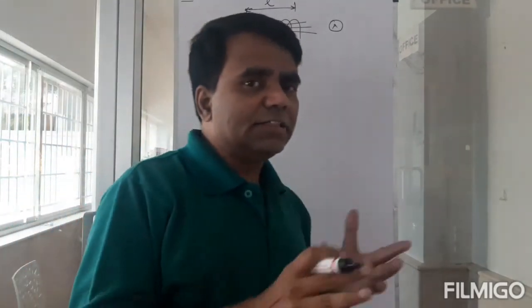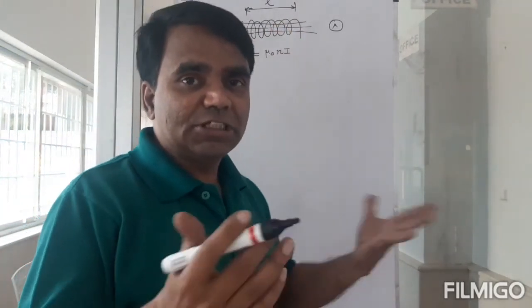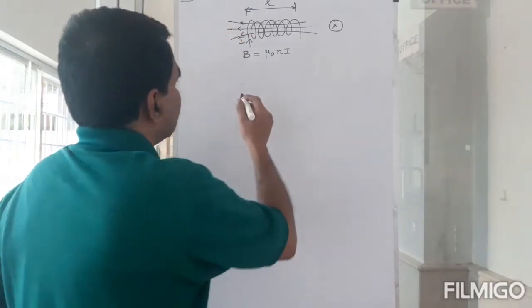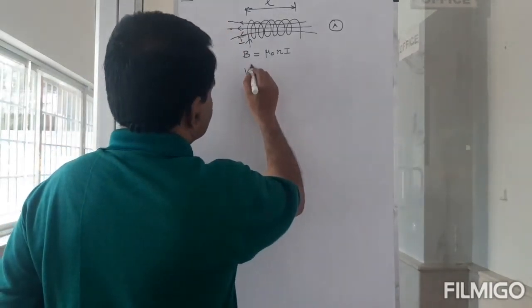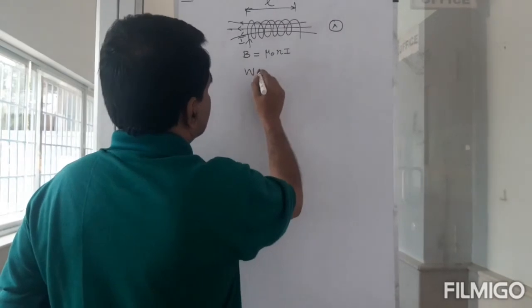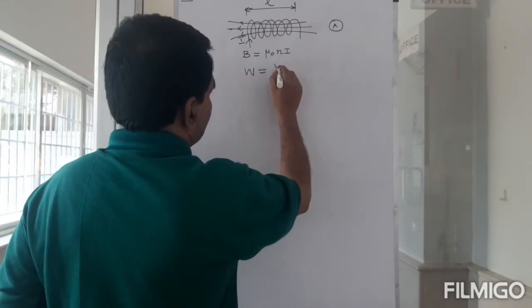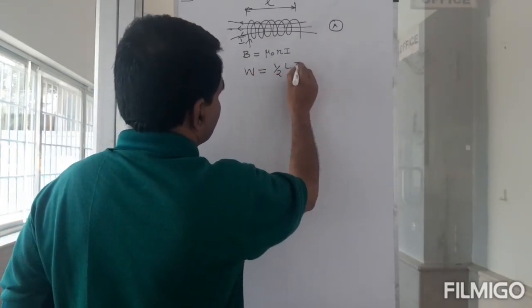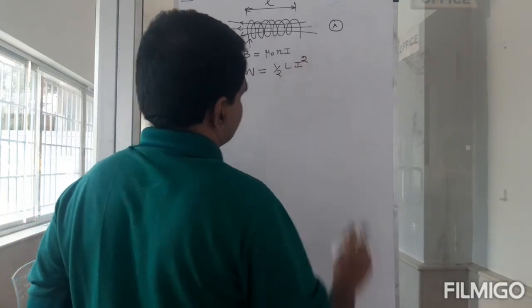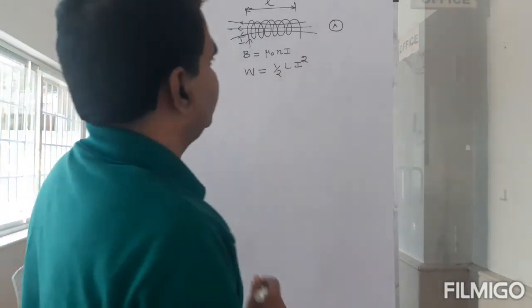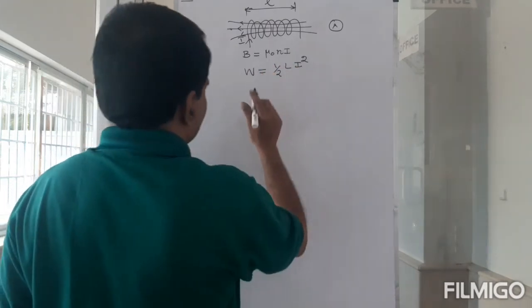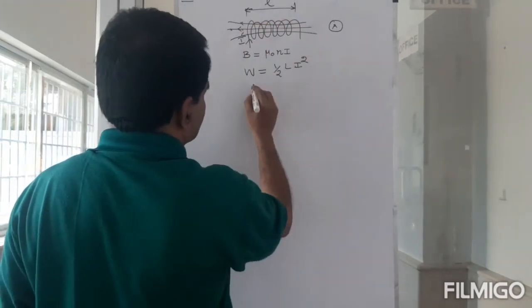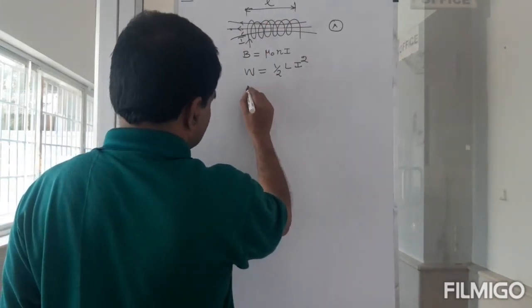So what is the energy stored in the magnetic field? We just derived that the work done, the energy in the magnetic field, is equal to half L I squared. What is L? L is the self-inductance.